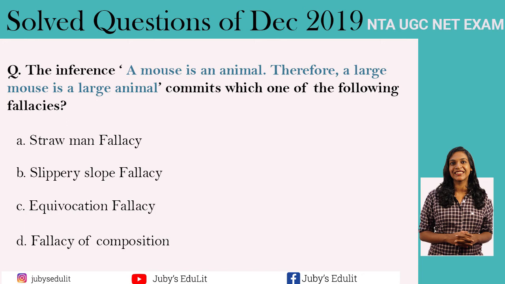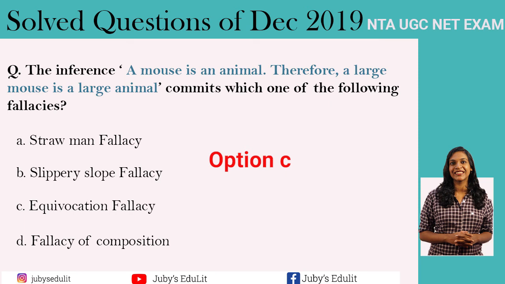The word large is inserted into it, and it becomes a large animal? Of course, no. So we understand that it's a fallacy. And the question is, what kind of fallacy is here? The options are strawman fallacy, slippery slope fallacy, equivocation fallacy, and fallacy of composition. So let's see. Of course, we know the answer is option C, equivocation fallacy, because an equivocation fallacy occurs when a key term or phrase in an argument is used in an ambiguous way.